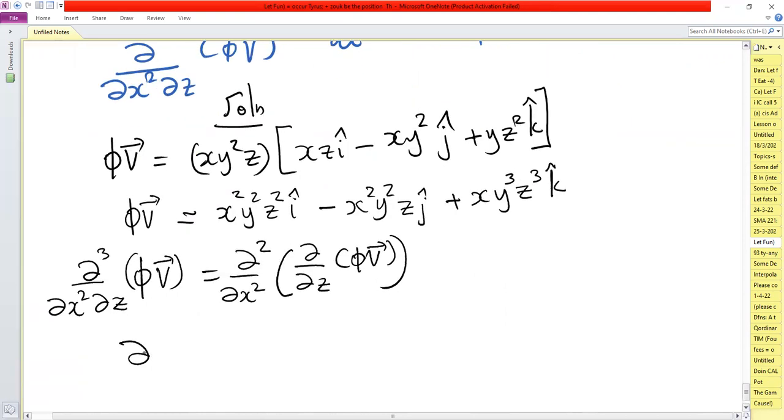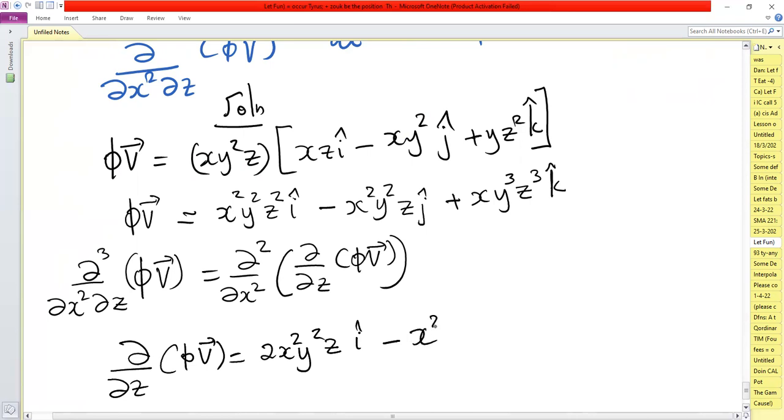So partial z of phi v is the same as, with respect to z, we get 2x squared y squared z i, minus x squared y squared j, plus 3x y cubed z squared k. So that's the first step.